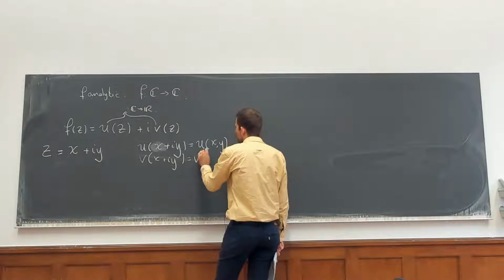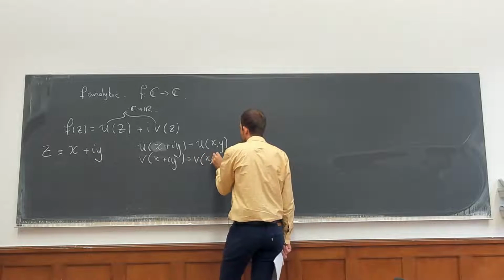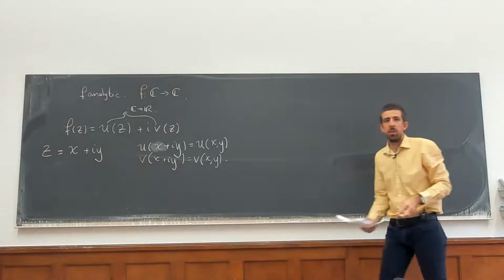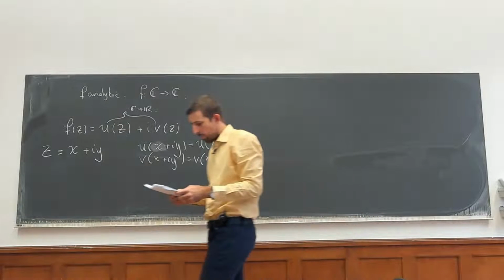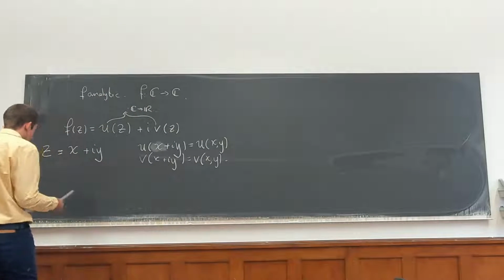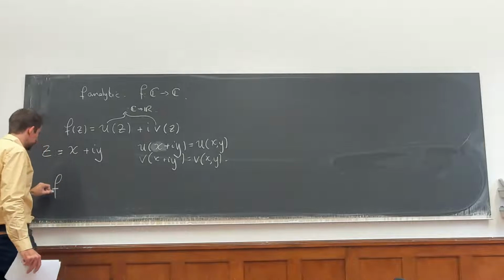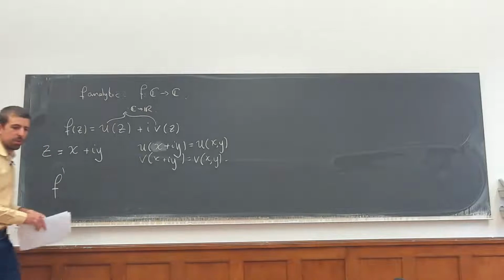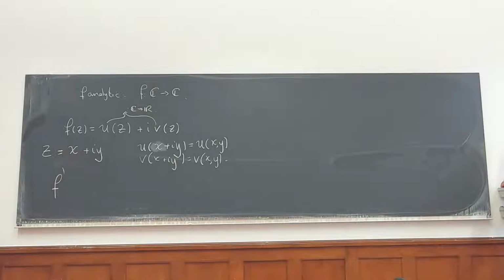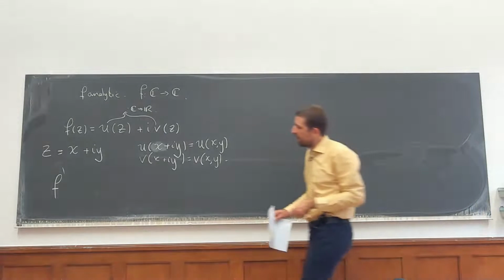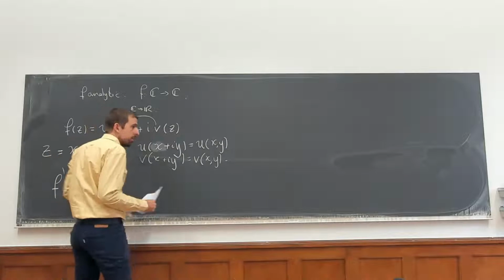So really, I'm going to think of these as functions that go from R^2 to R. Okay, so let's start. Maybe I should keep with my drawing. Let's see what we get if we do.